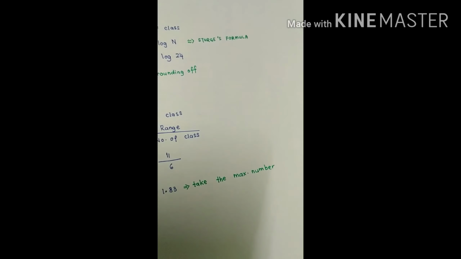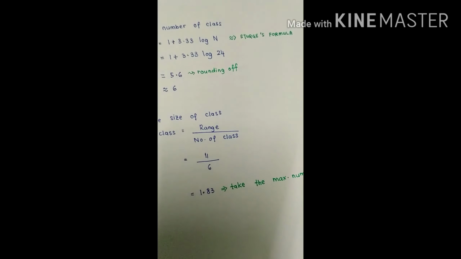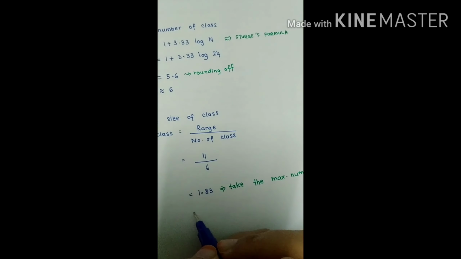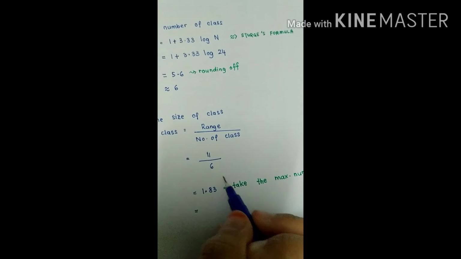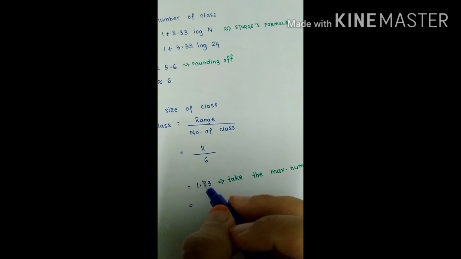We have 1.83, so the maximum number is 2, not 1.